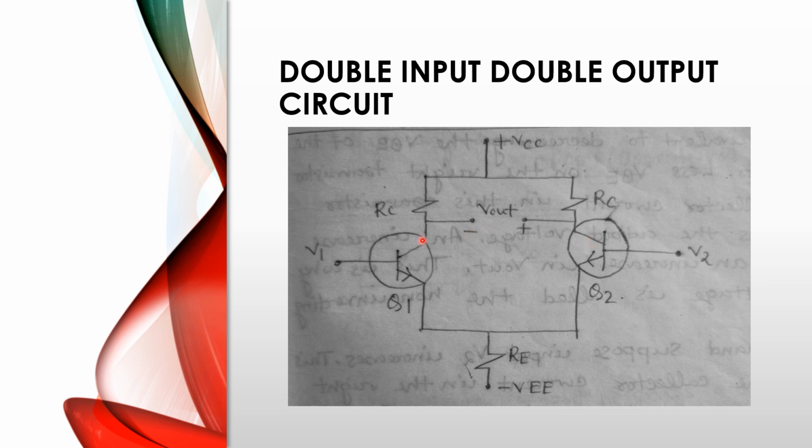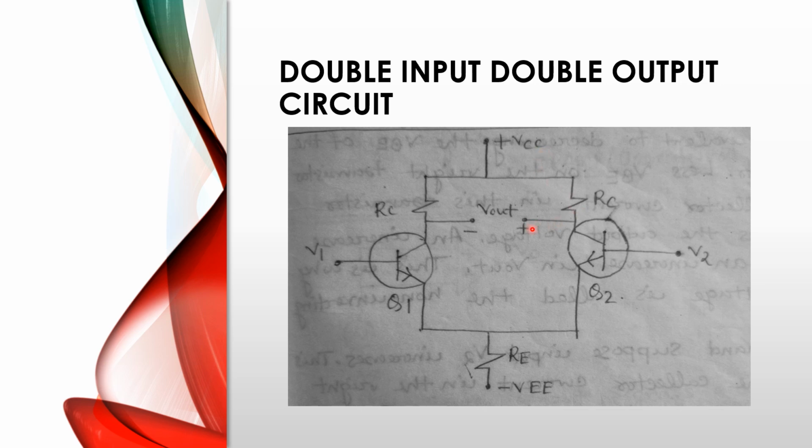The Q1 collector terminal is connected through an RC resistor, and the Q2 collector terminal is also connected through an RC resistor. RC is the collector resistor. This is also a common point where we connect the positive VCC supply.